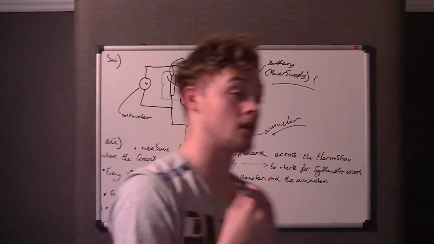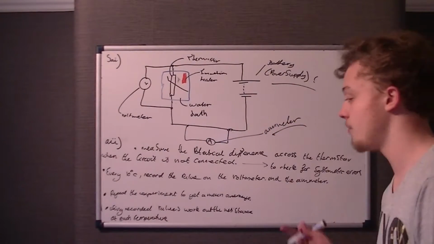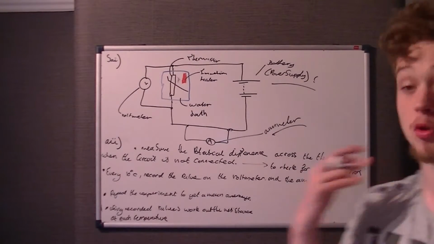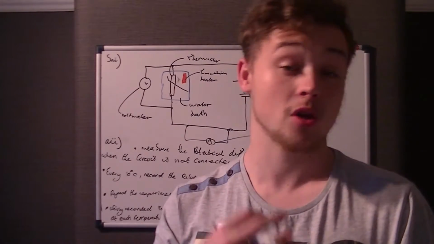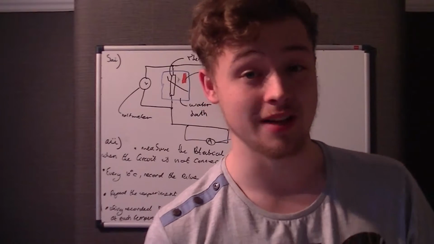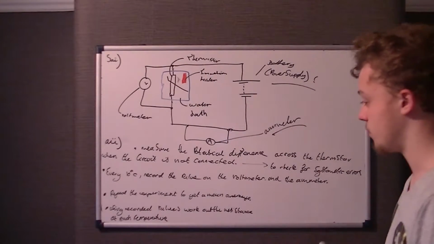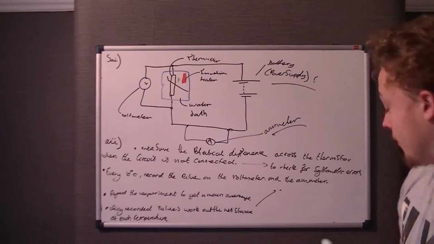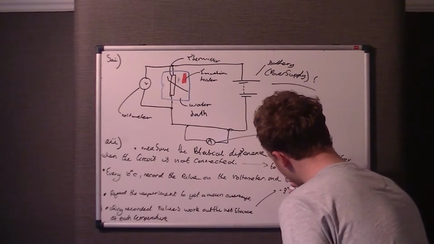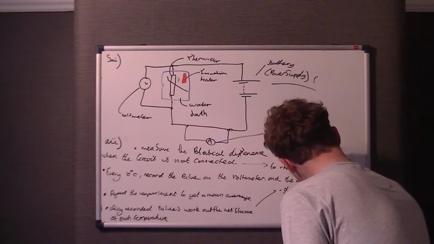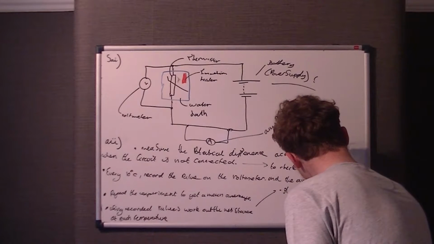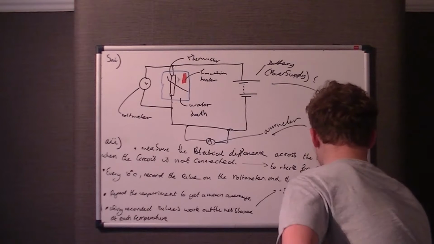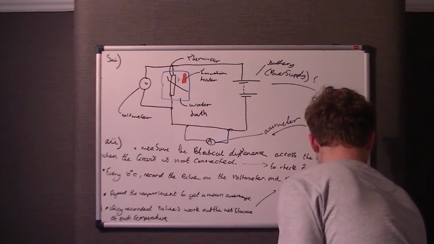Okay, and then once you've done that, you might have already mentioned that point when you talk about recording the value of the current and the voltage or potential difference. Okay, so once you've done that, then obviously your next step would be to plot them on a graph. Okay, so you would say plot a graph of resistance against temperature.